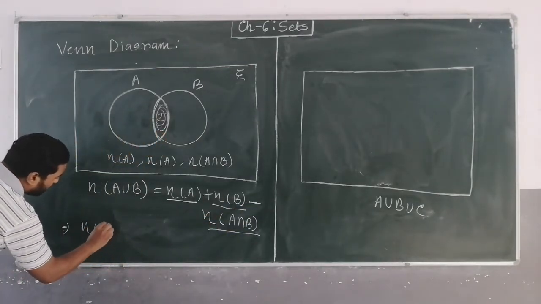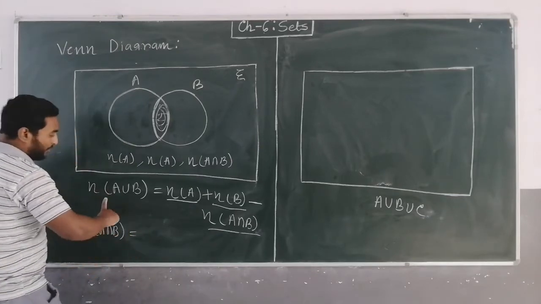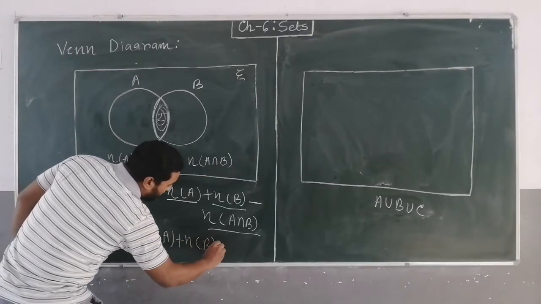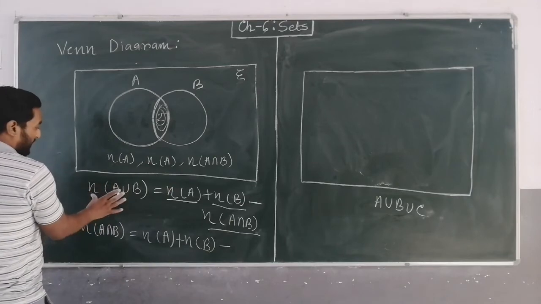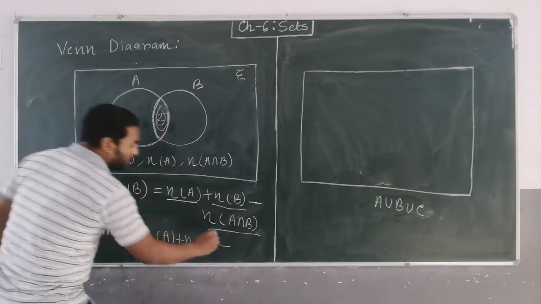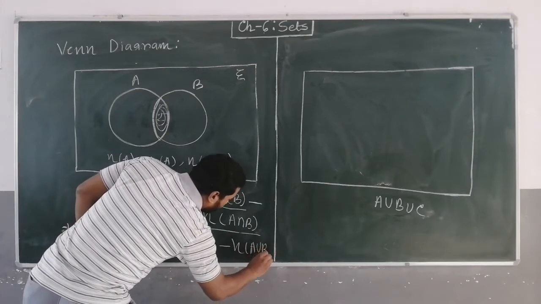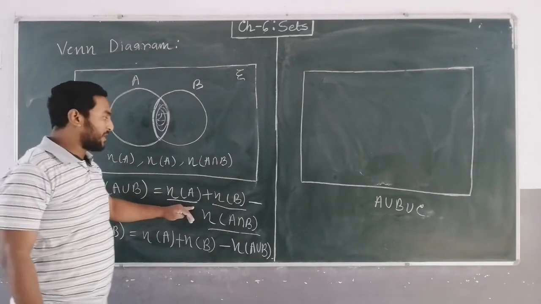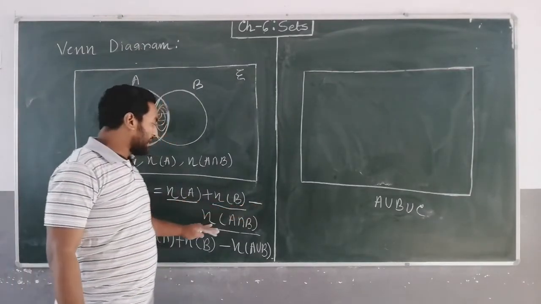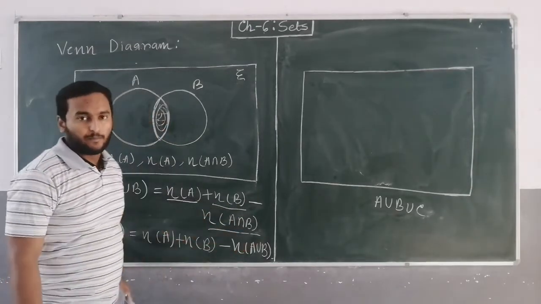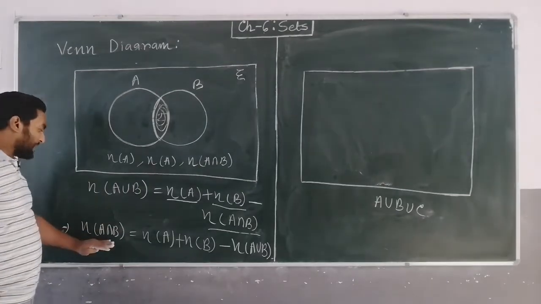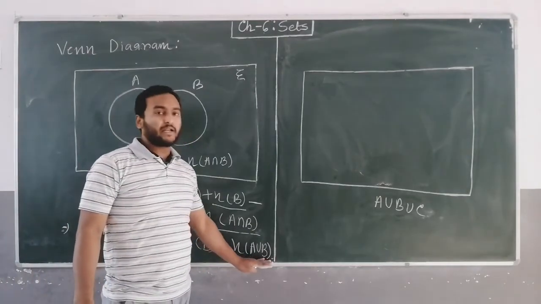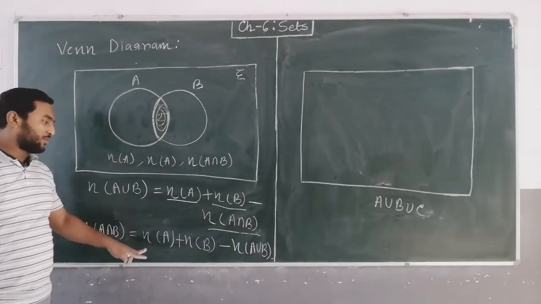So n of A intersection B will be equal to, taking the other one to the right hand side, n of A plus n of B minus n of A union B, which is positive on the left and negative on the right. So we have two relations: the cardinal number of A union B equals the cardinal number of A plus the cardinal number of B minus the cardinal number of A intersection B, and the cardinal number of A intersection B equals the cardinal number of A plus the cardinal number of B minus the cardinal number of A union B. These two relations are very important.